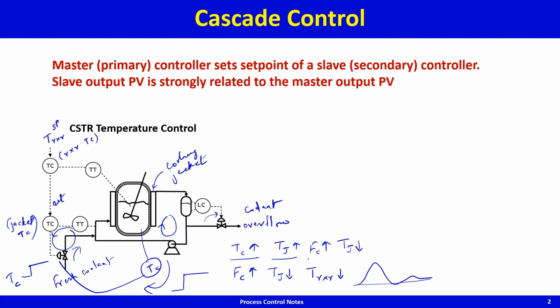This will be very fast because the dynamics of the jacket are much faster than the dynamics of the reactor, so the jacket temperature will be brought back in very little time, and therefore not much effect is there on the reactor temperature. The reactor temperature may just show a little bit of a blip.